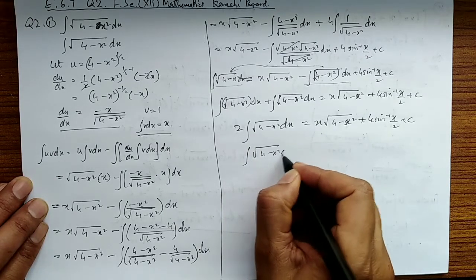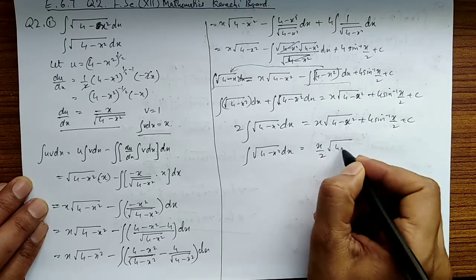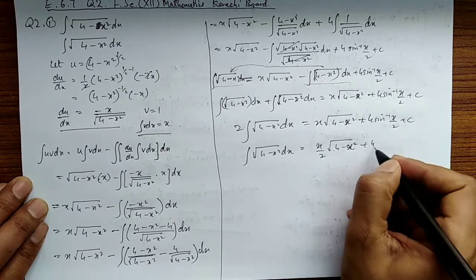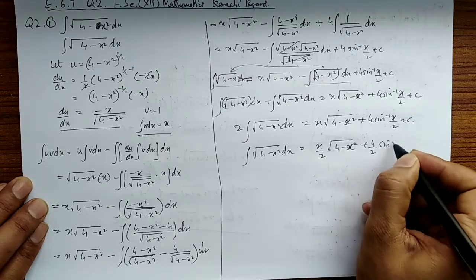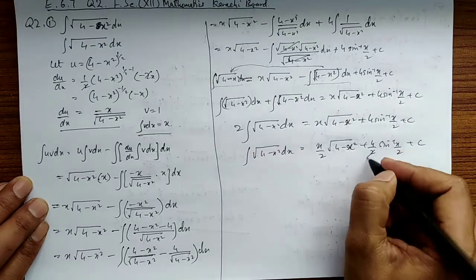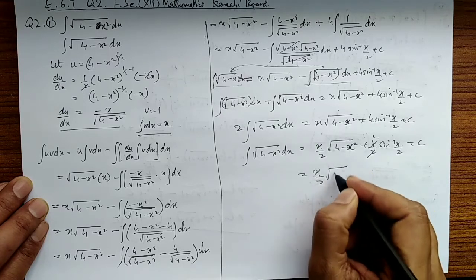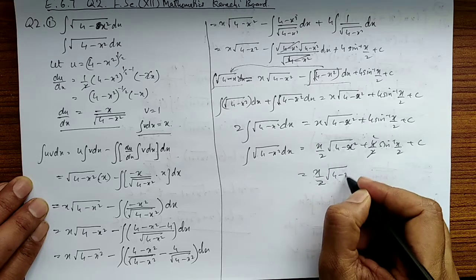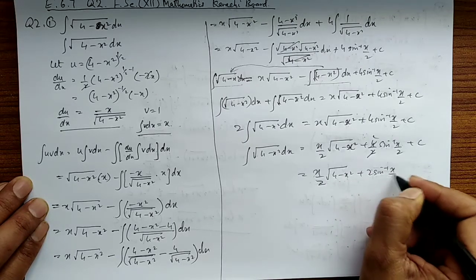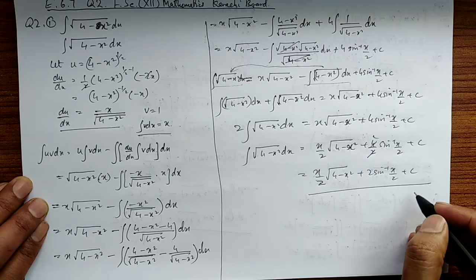The integral of root of 4 minus x square dx is x upon 2 root of 4 minus x square plus 4 upon 2 sine inverse x upon 2 plus c. So cancellation gives you x upon 2 root of 4 minus x square plus 2 sine inverse x upon 2 plus c. And this is our final answer.